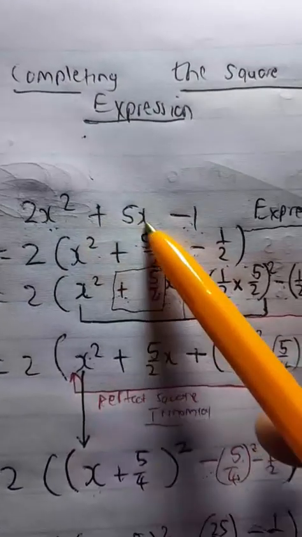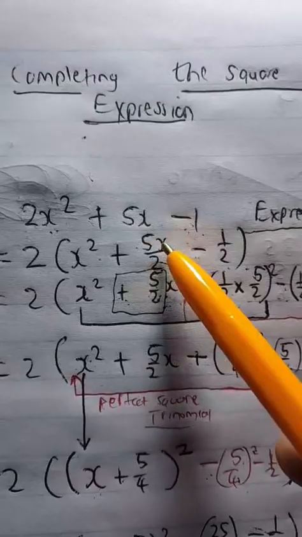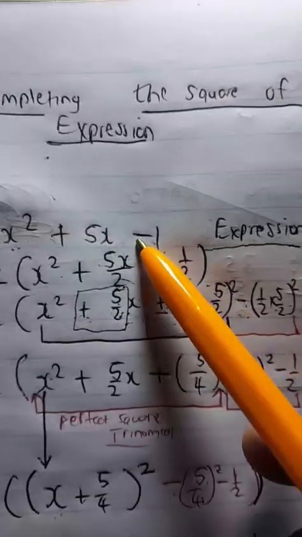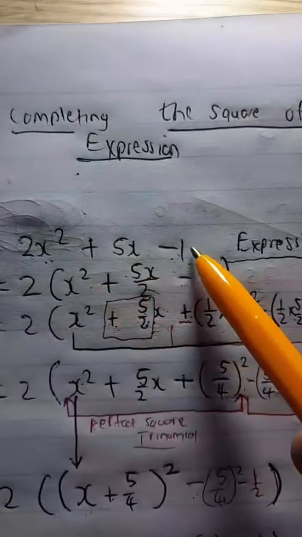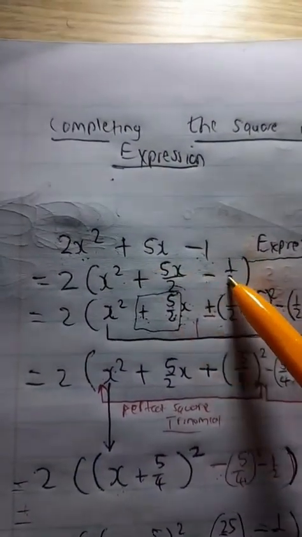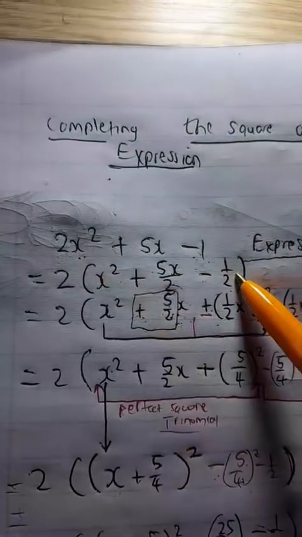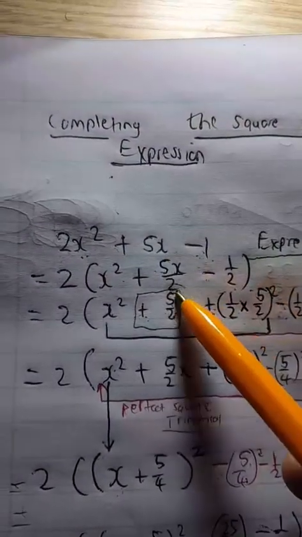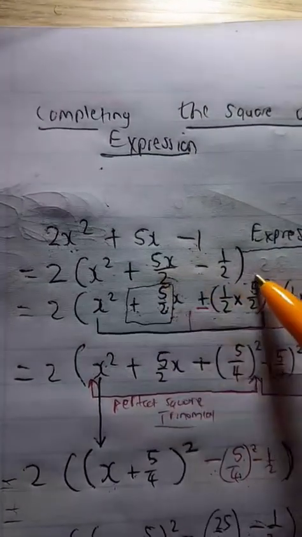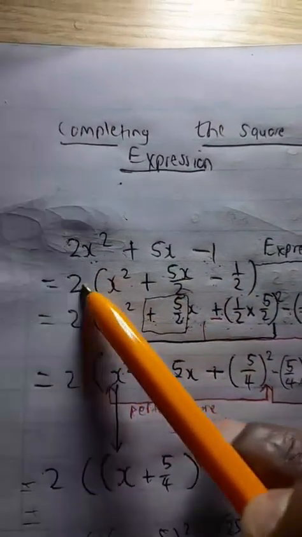So we write 5x over 2. Then negative 1: 2 does not go into 1, so once again we write negative 1 over the number 2. So do you see this 5x over 2 and this minus 1 over 2? We write it over the denominator 2.